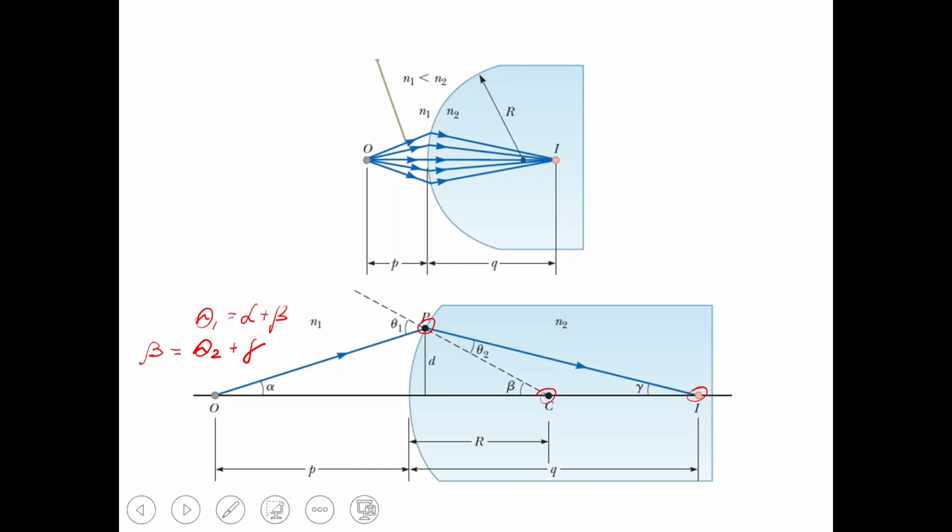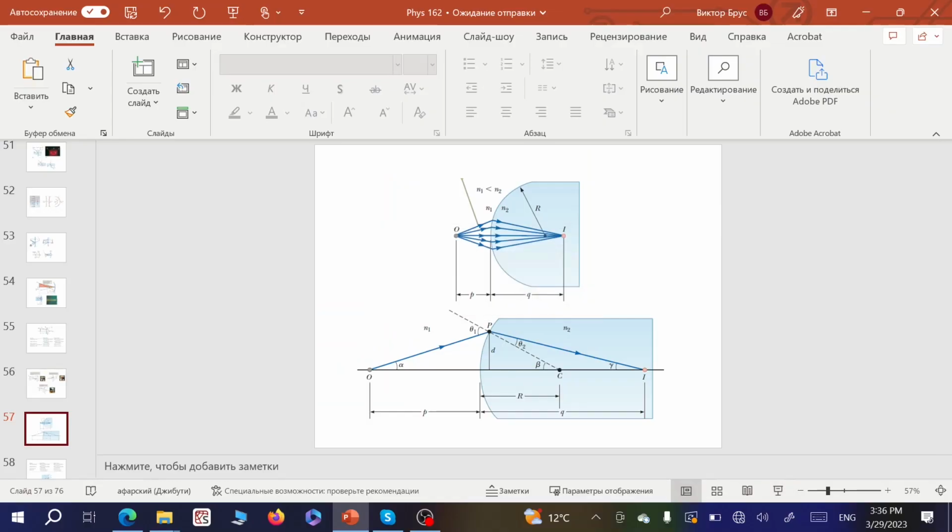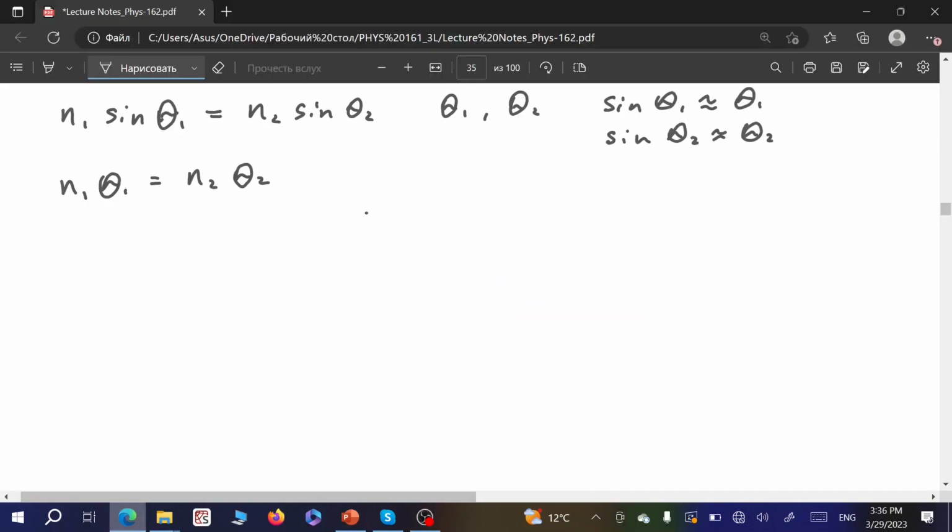So let us come back to the whiteboard. We write here that θ1 is equal to α plus β, and β is equal to θ2 plus, what was that? γ, yes.